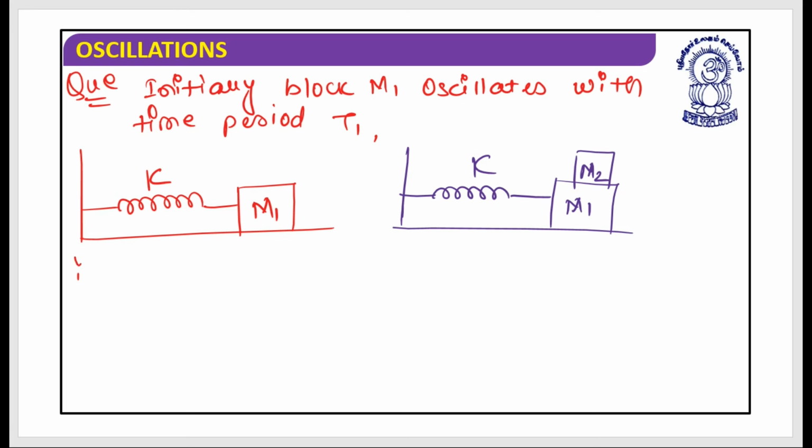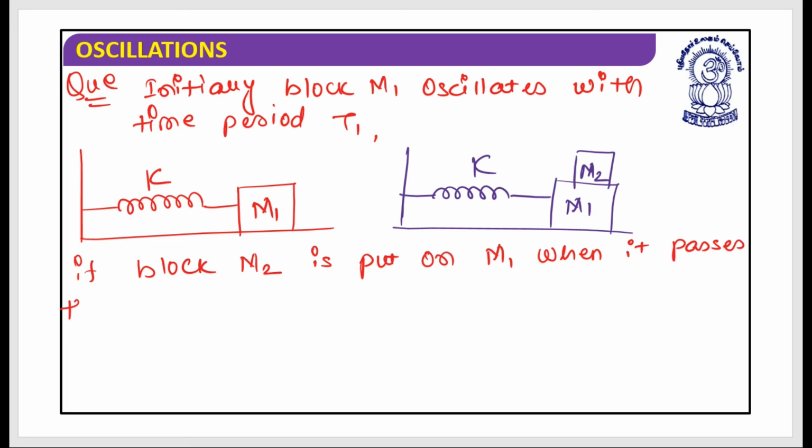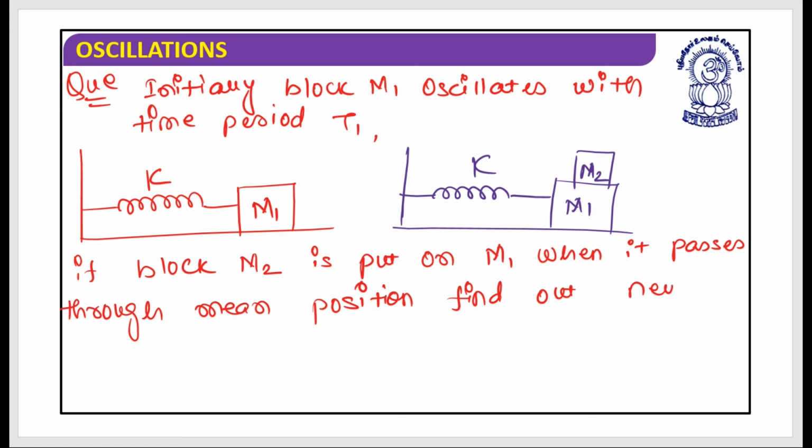So the next instant is if block m2 is put on m1 when it passes through the mean position, find out the new time period, that is what we call T2, as well as take the ratio of T2 to T1.